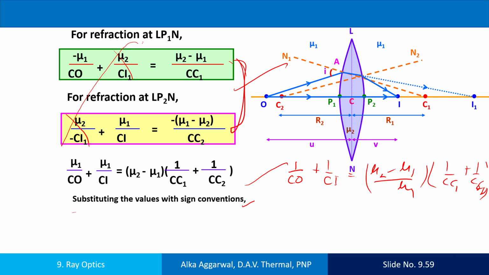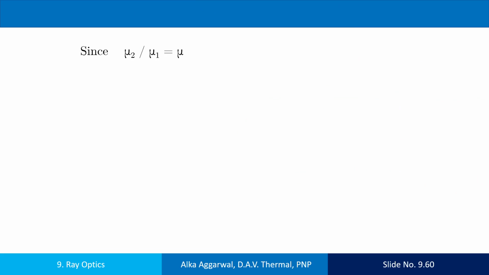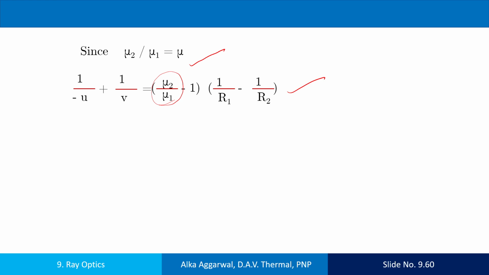Substituting the values with the proper sign conventions, CO is equal to U, CI is equal to V, and CC1 is R1, CC2 is R2. Put these values with the proper sign conventions and we get this relation. As mu2 upon mu1 is equal to mu, we can put it equal to mu.